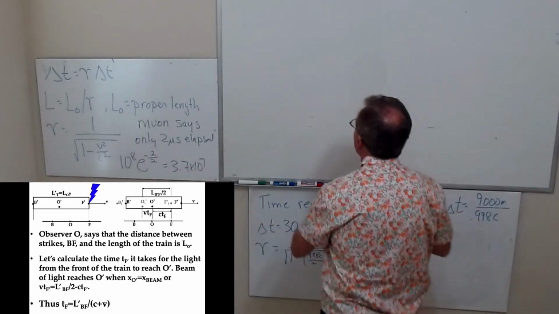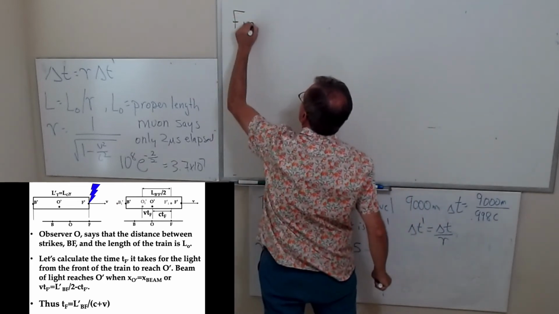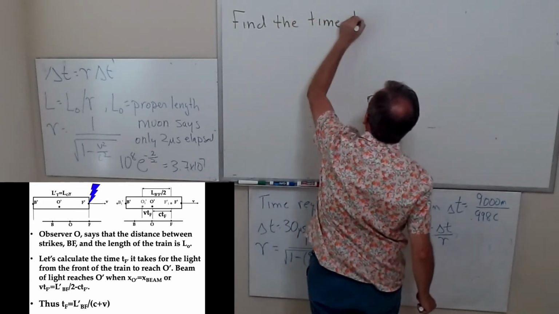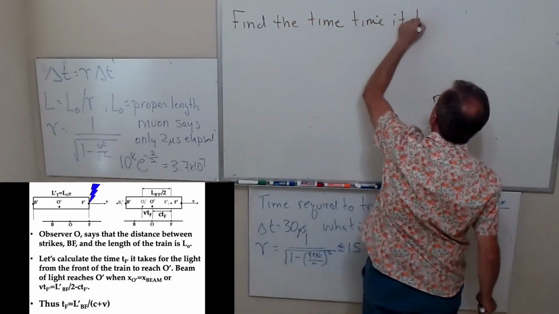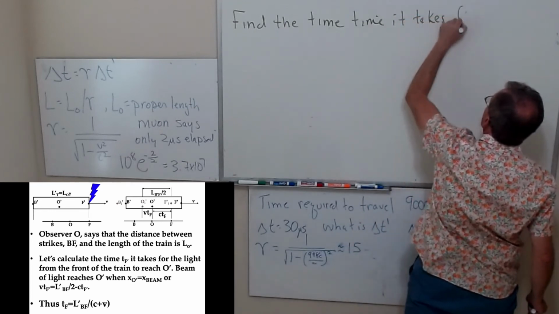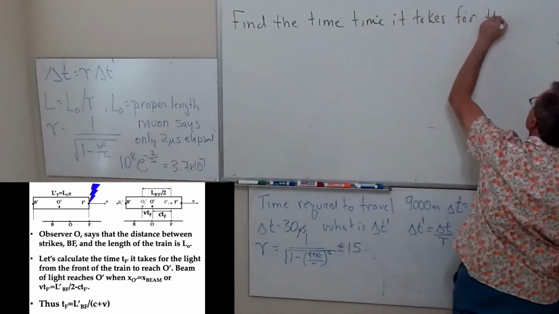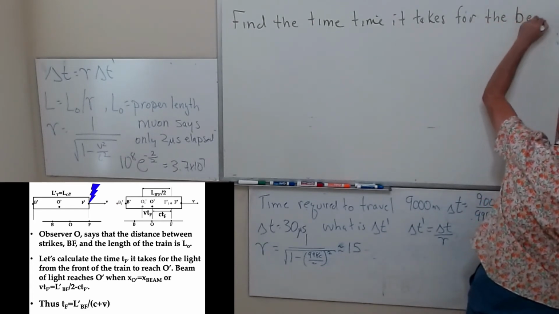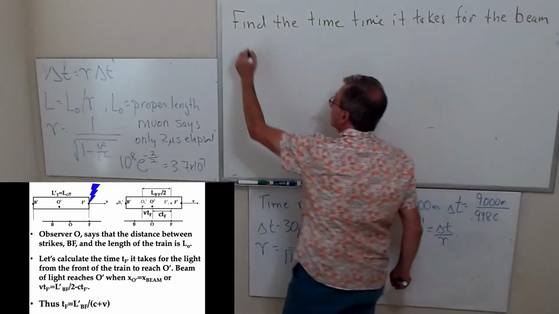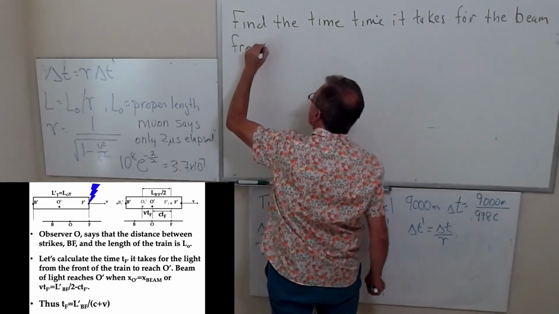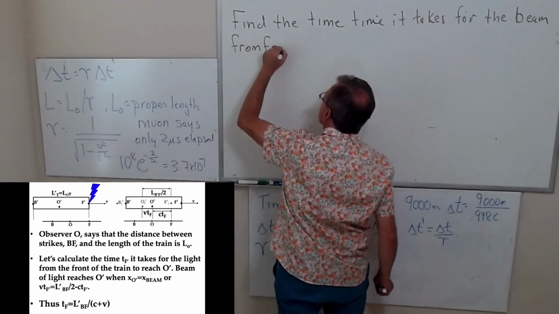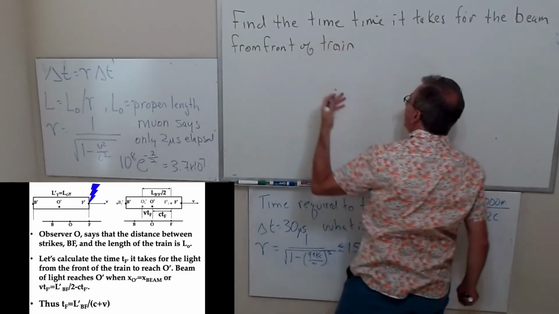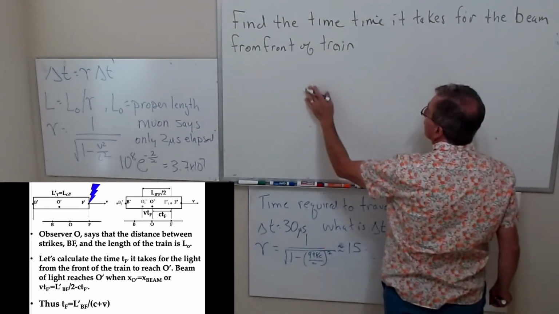So our goal is to find the time it takes for the light beam, the light wave beam, however you want to call it, from the front of the train to reach the observer. I'm writing it down because I want to make sure you understand what we're doing here.